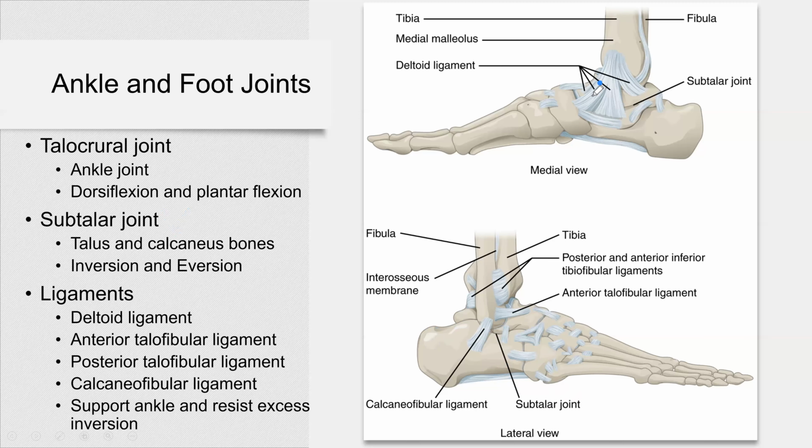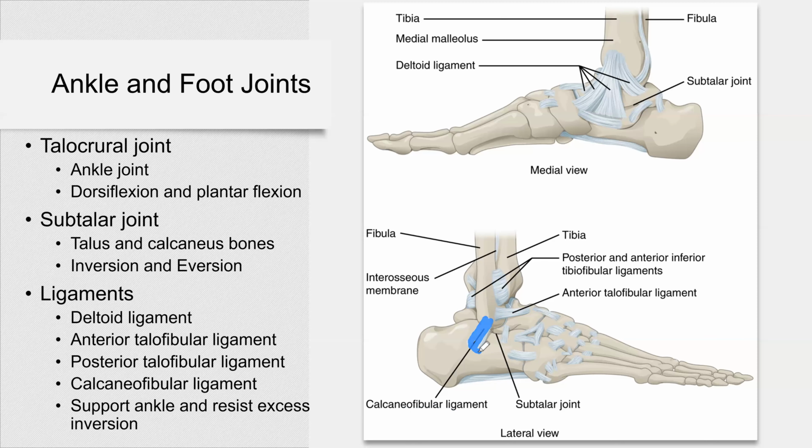We have several ligaments. Over here, we have the deltoid ligaments. We have the anterior talofibular ligament. Because this is the talus and this is the fibula, that's a talofibular ligament. We have posterior and anterior tibiofibular ligaments. Thank goodness, at least in the names of all these ligaments, we just use the names of bones or their landmarks, or the calcaneofibular ligament.